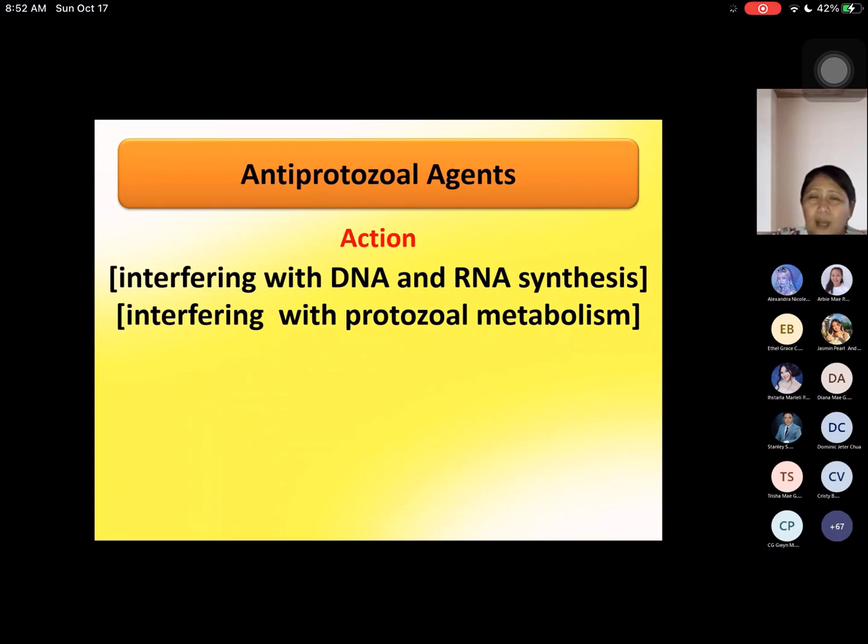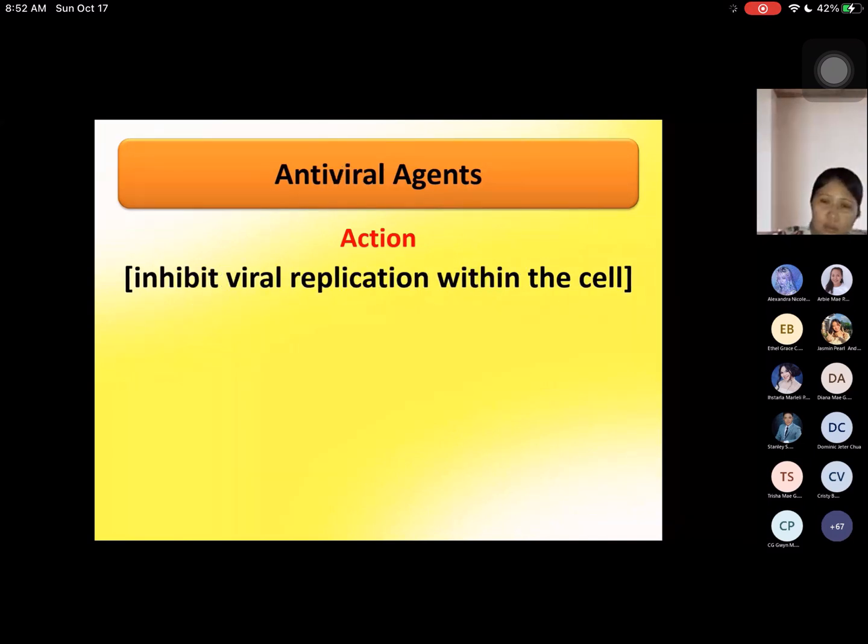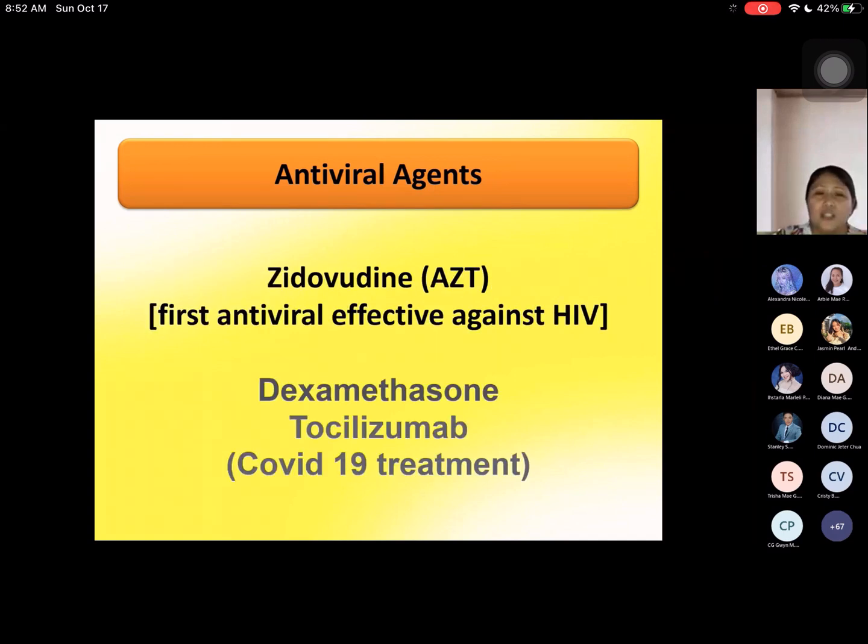Okay, for antiviral agents, the mode of action, they usually inhibit viral replication within the cell. So we have the following examples. The first antiviral effective against HIV is zidovudine or AZT, or we usually term it the cocktail drug. Okay, and now in this time of pandemic, the first drug used to treat severe COVID is dexamethasone.